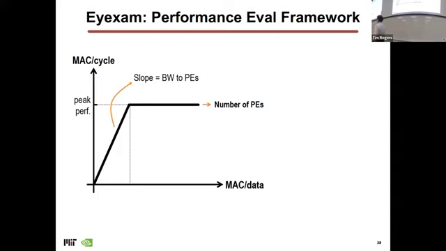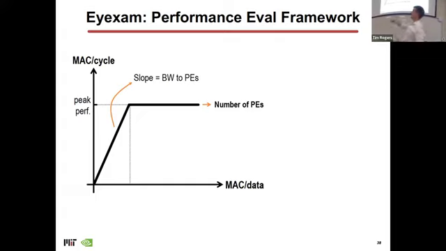The way roofline tries to contextualize that is the x-axis, which is the number of MACs you need per data that you read. If I go to the right on the x-axis, my workload is getting more compute intensive. I need to do more work on every piece of data that I read from memory.